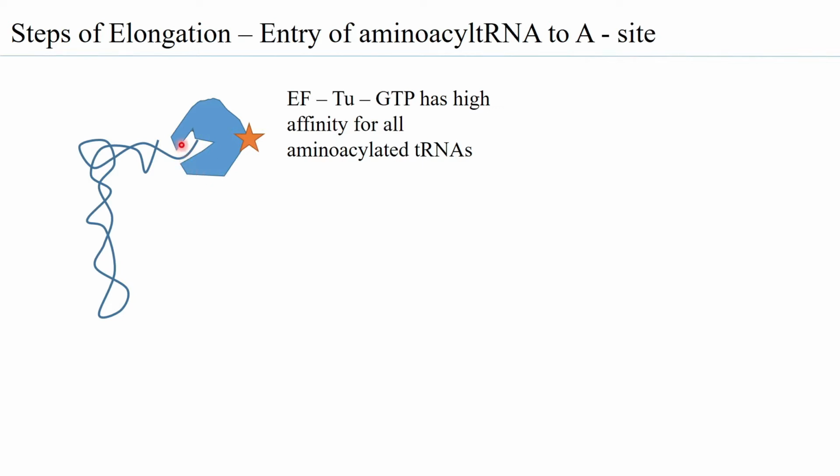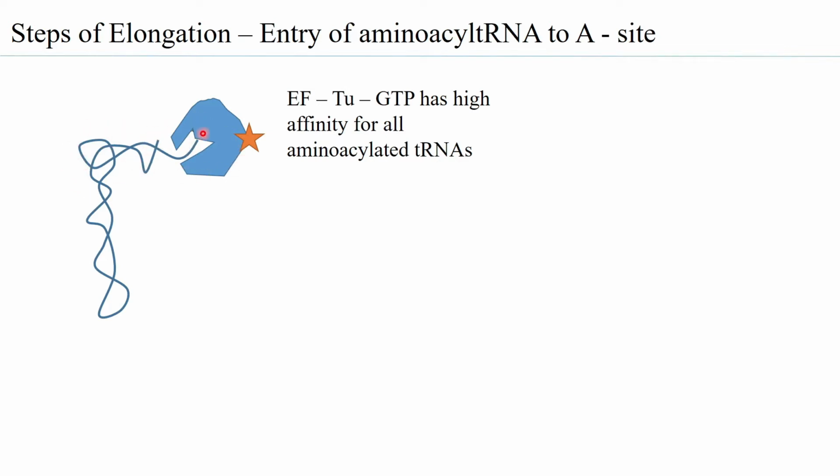That is attributed to the fact that when it is bound to the amino acyl tRNA with the amino acid, the conformation of the EFTU GTP ensures that the microenvironment within the EFTU is able to interact with the acceptor arm and also the T-psi-C stem. So this entire part of the tRNA is the acceptor arm and this part is the T-psi-C stem.